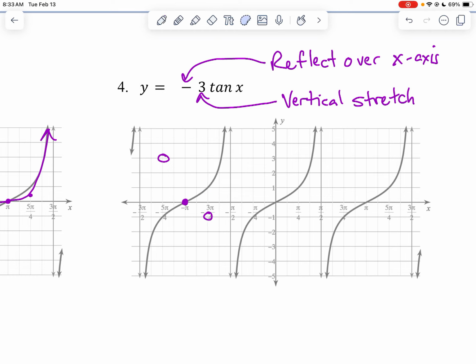I'm going to reflect it down to negative 1, and then triple that and get it to negative 3. So I'll make those a little bit smaller here. It's going to have a lot more of a vertical look to it. Again, it's not a straight line. It is going to curve. And then all we're going to do here is mimic that in all the other portions of the graph.